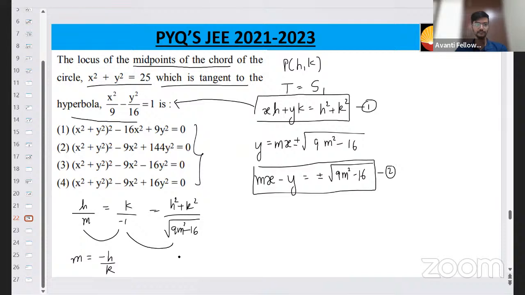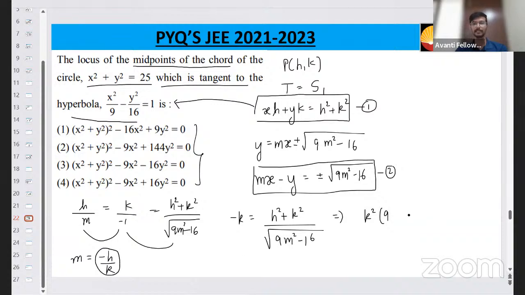And if we equate these two, we'll get minus k equals h square plus k square upon under root of 9m square minus 16. So let us cross multiply and square on both sides. So we'll get k square into 9m square minus 16. What is m? h by k.